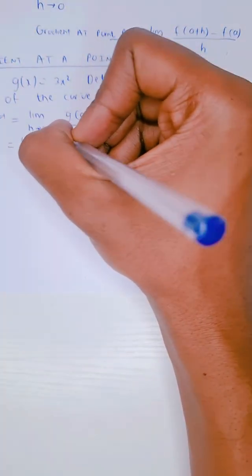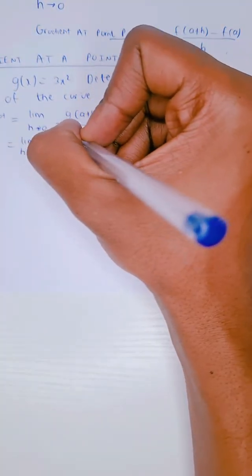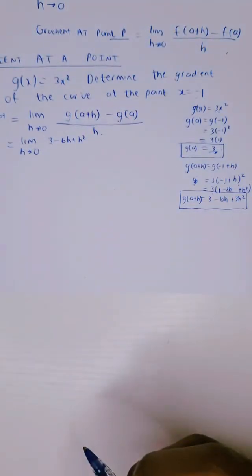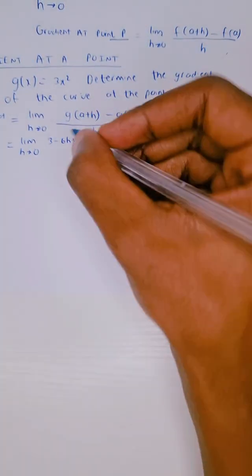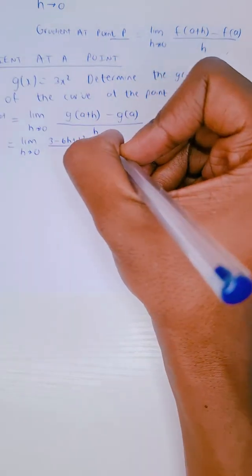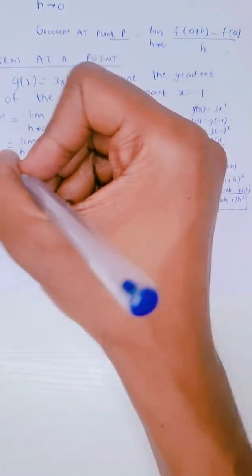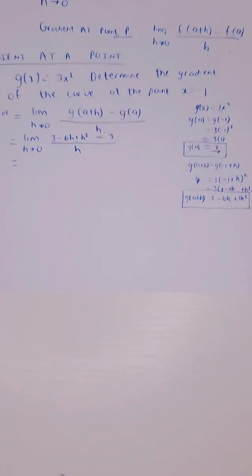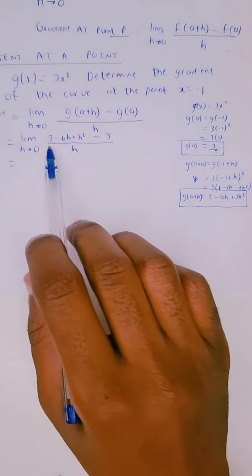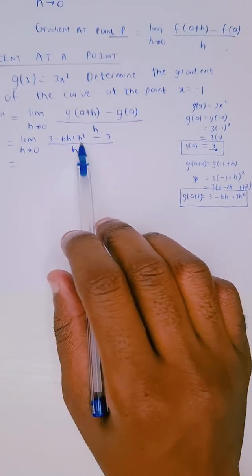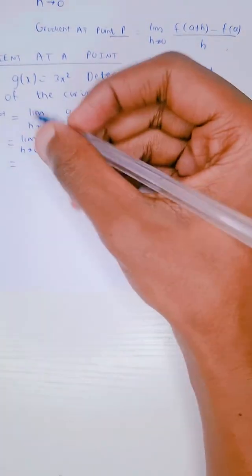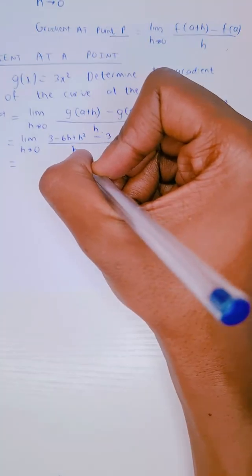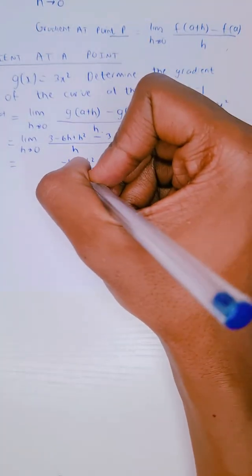So I just write that 3 minus 6h plus 3h squared, minus g of a, which is 3, all over h. I know that is going to be my gradient at the point. Then we add like terms. 3 minus 3 is 0. I'm left with negative 6h plus 3h squared over h.